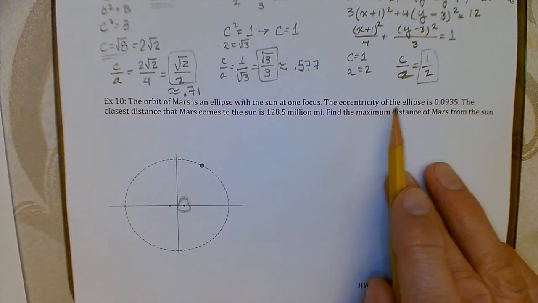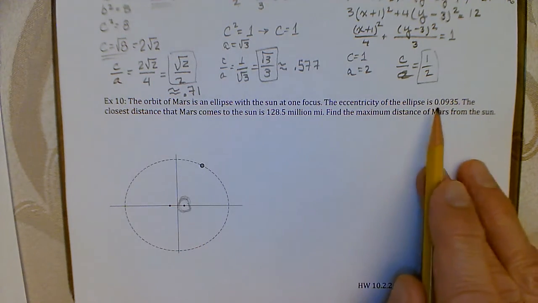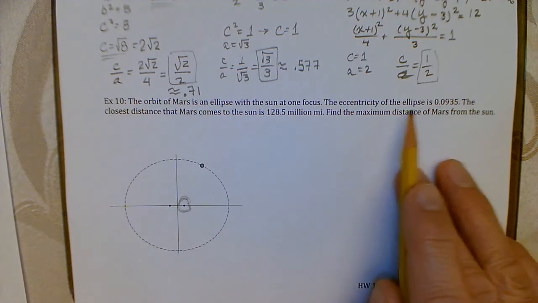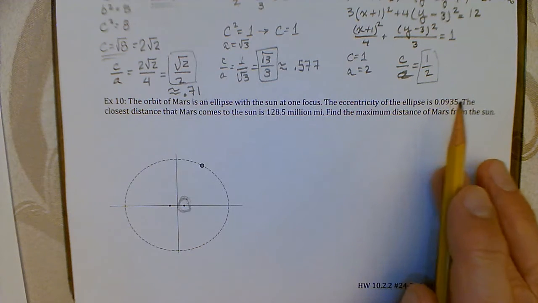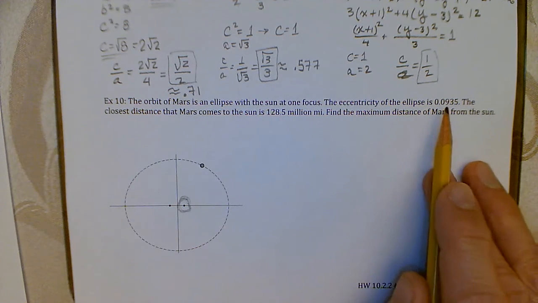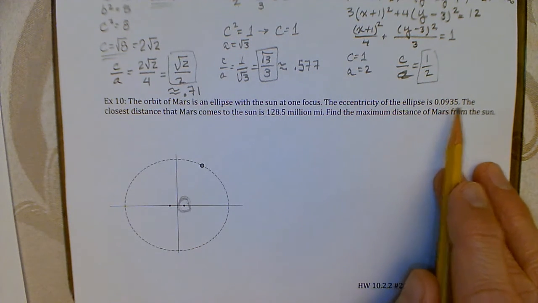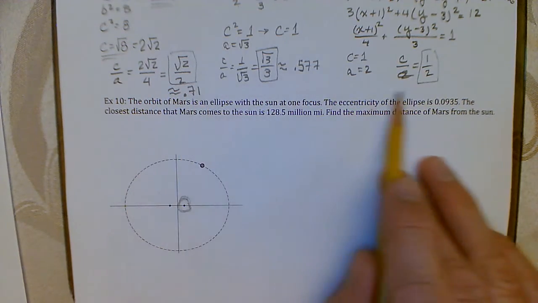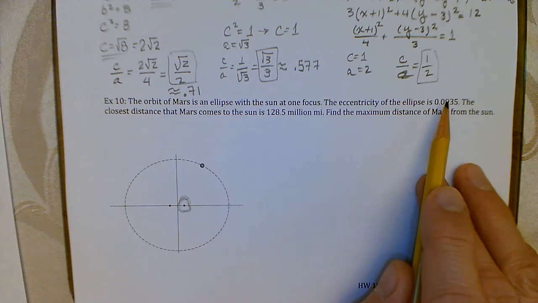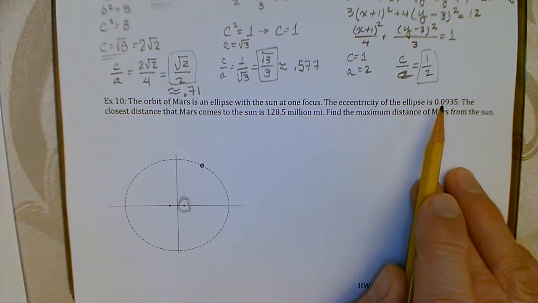As we saw in the video on Kepler, he determined that Mars is fairly eccentric compared to other planet paths, but even it is fairly round because the eccentricity is pretty low. Not like these values up here, right? These were all pretty high. This is pretty low, so it's still fairly circular.